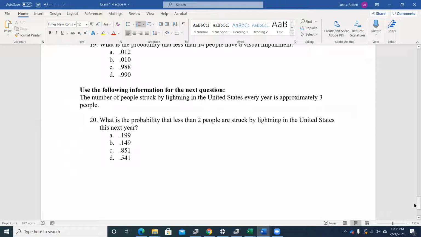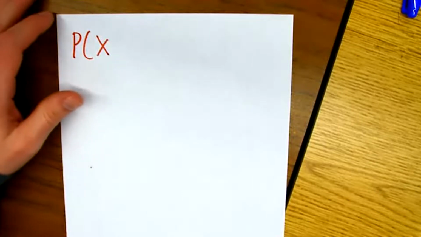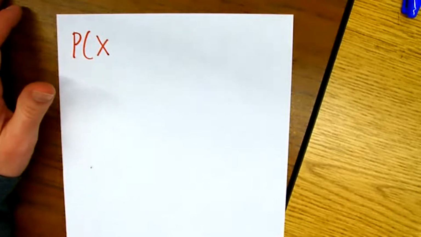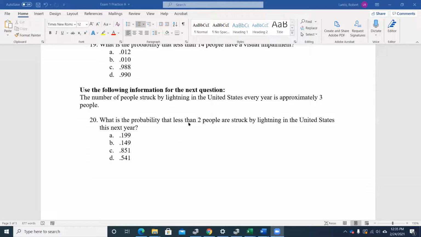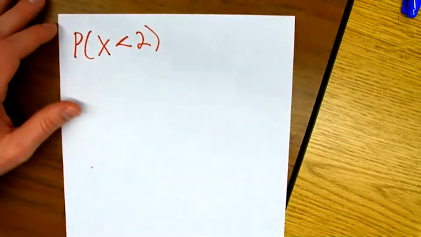Okay. This one actually combines quite a few different things. We've got the probability that X is less than 2.